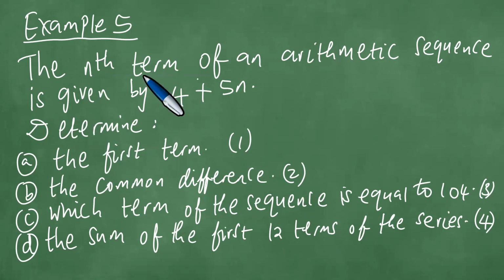If the nth term of an arithmetic sequence is given by this, they've just put too many words here for nothing. The nth term means Tn is equal to this.